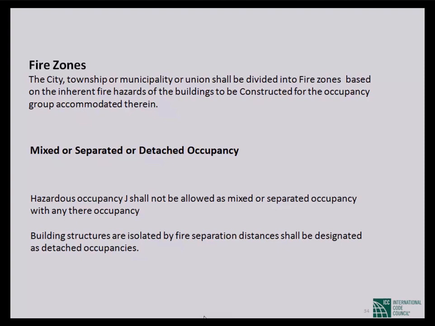There will be some gap, or sometimes no gap but a very thick wall. Then it is detached, totally separated. So in BNBC, there is no definite table about this detached condition. So I will show you a table from the IBC, which will give you a detailed idea of how detached will be made. I will come to this again.